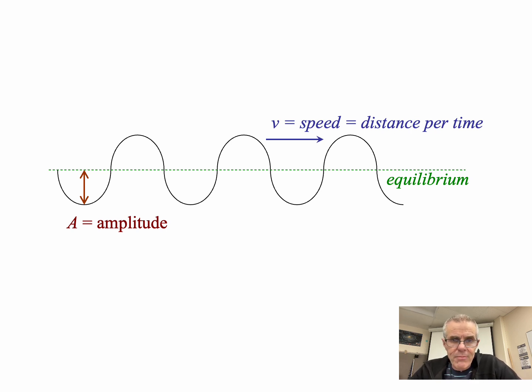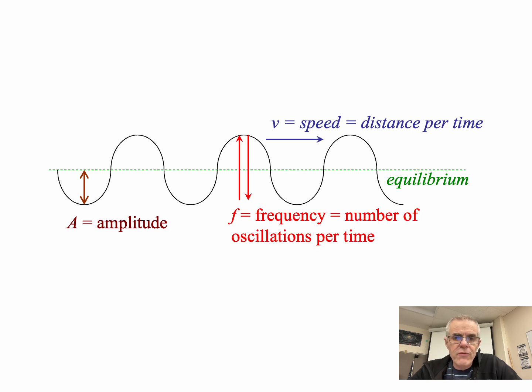That would be called the amplitude. Frequency of a wave is the number of oscillations per unit time. So again, we have to kind of use our minds to imagine it in motion. But as time goes on, of course, we would have this oscillation, and the number of oscillations per unit time would be the frequency of the wave pattern.